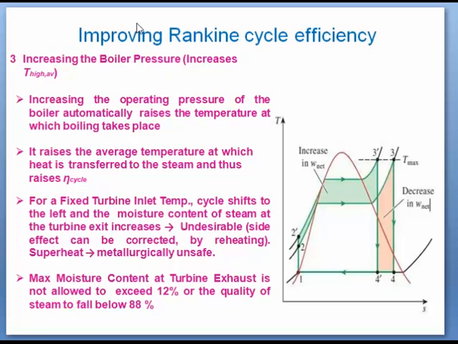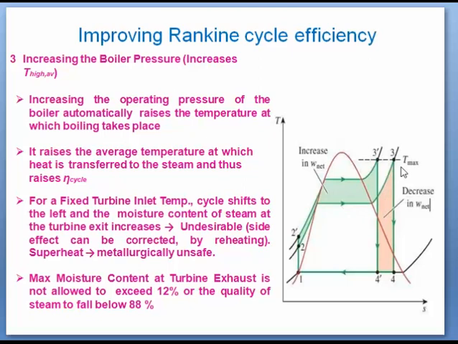So once the mean temperature of heat addition is increased, overall cycle efficiency also gets increased. This increased boiler pressure also increases the boiling point temperature, but there is a drawback of this increasing boiler pressure.